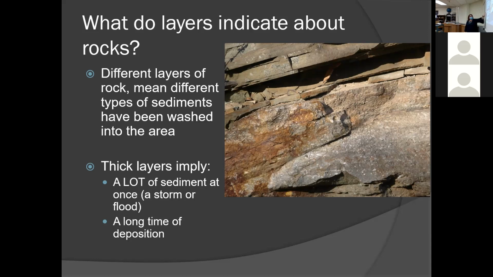And the thicker the layer, it either means giant storm or it happened for a really long time. And then the thinner the layers, the shorter period of time it was laid down. And so basically you're looking at the energy. Energy like, oh, lots of big storms, or energy without, you know, that's a really fine grained rock.